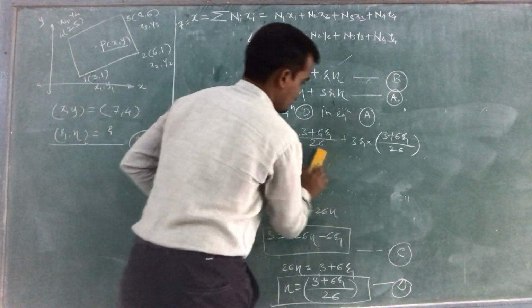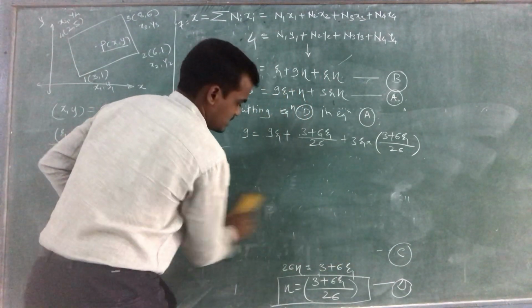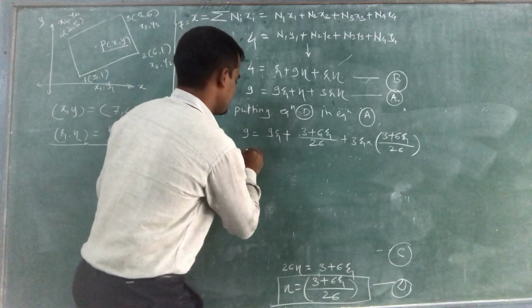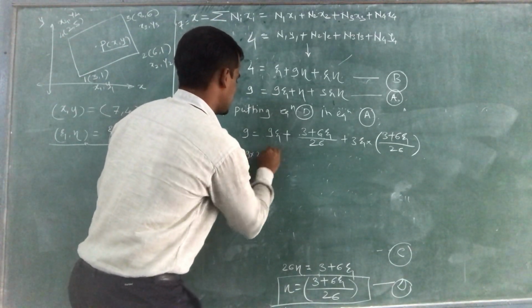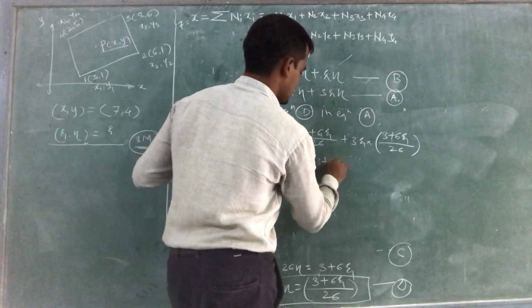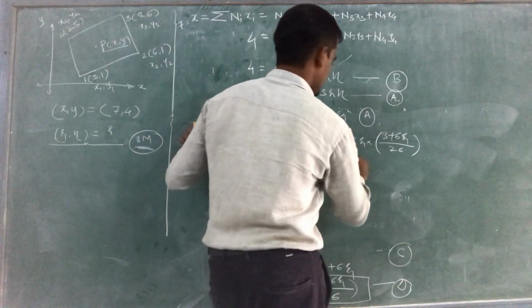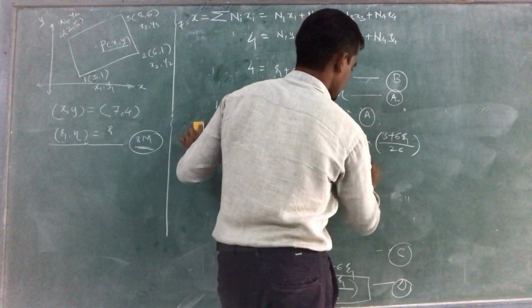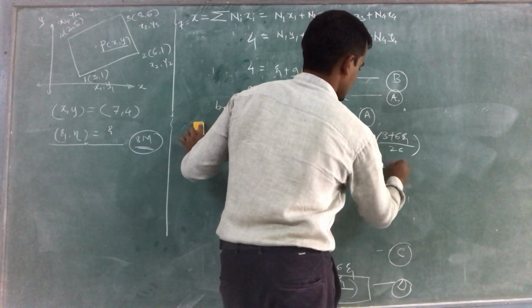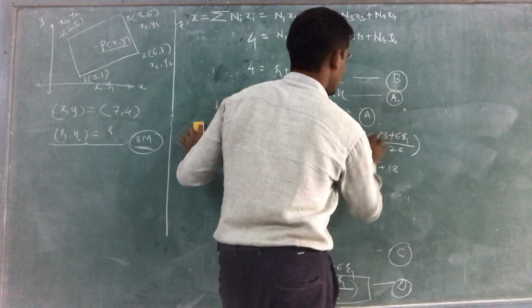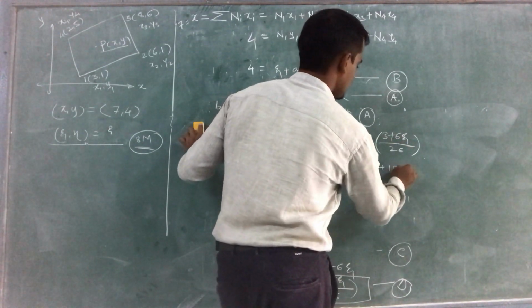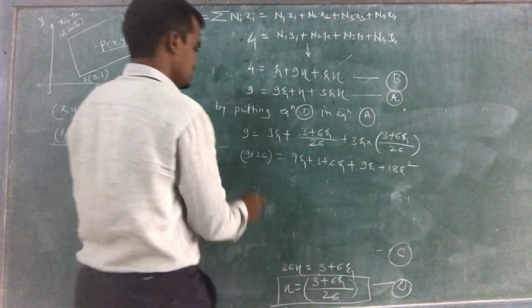Now we need to solve this equation for zeta. So finally, 9 into 26 is equal to 9 zeta plus 3 plus 6 zeta, plus 3 zeta into 3, 9 zeta, plus 3 zeta into 6 zeta, 3 into 6, 18 zeta square.